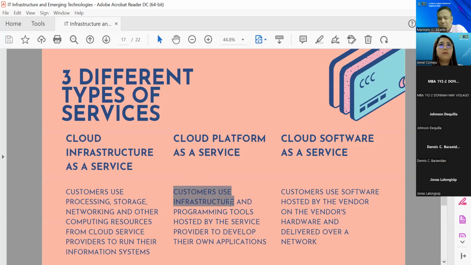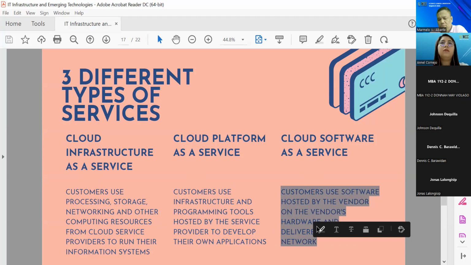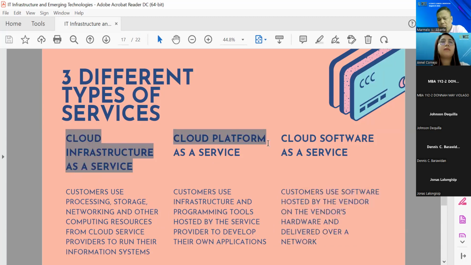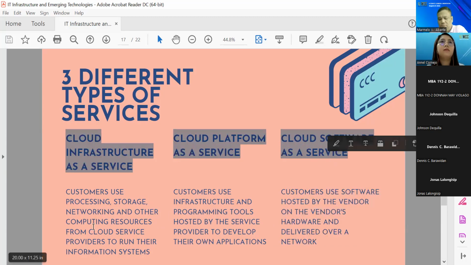Customers use infrastructure and programming tools hosted by the service provider to develop their own applications. And number 3, cloud software as a service. Customers use software hosted by the vendor on the vendor's hardware and delivered over a network. So all these are done through the cloud.